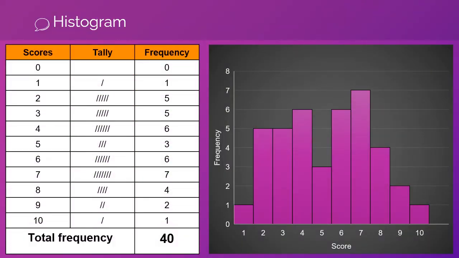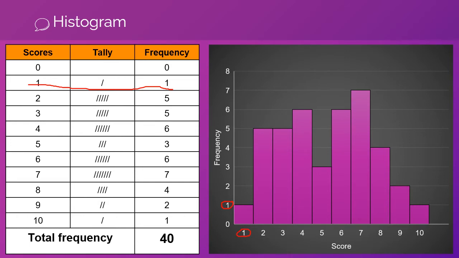So next, since we have the frequency table, we need to construct a histogram to display the information. In this part, we have the scores, and here the frequency. For example, in our histogram, we have 1 and 1.